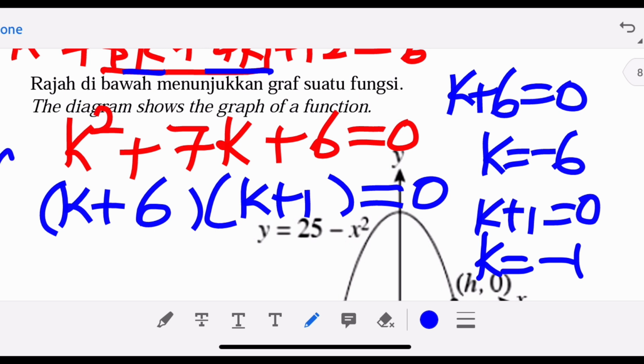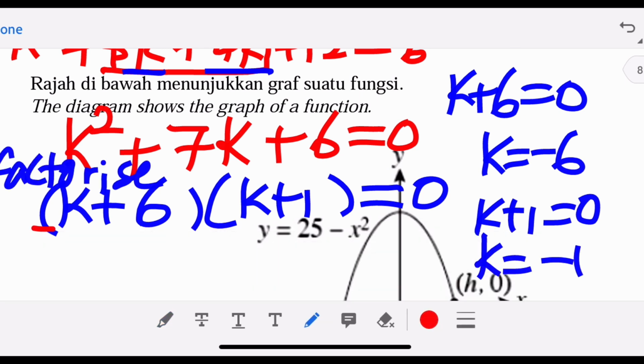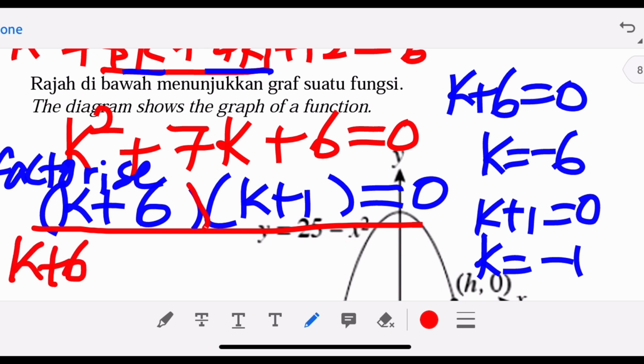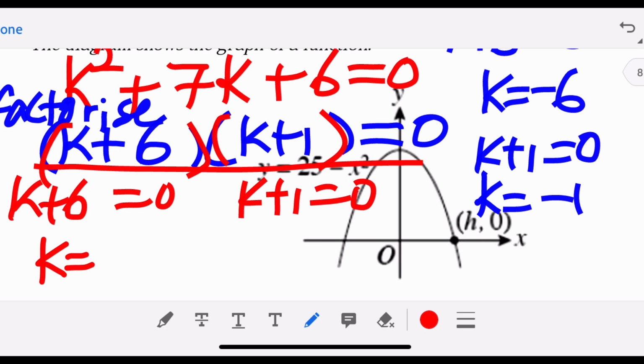So factorize here, factorize. Okay, this one sometimes it will come out in subjective, so you have to do the steps: factorize, then let the factor, this is called a factor, equal to 0. This is another factor. Then you solve. So the solution is K negative 6, K negative 1, right?